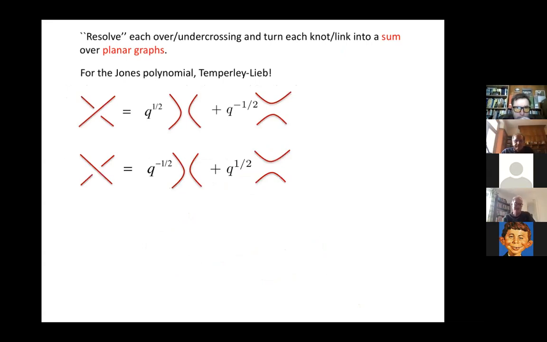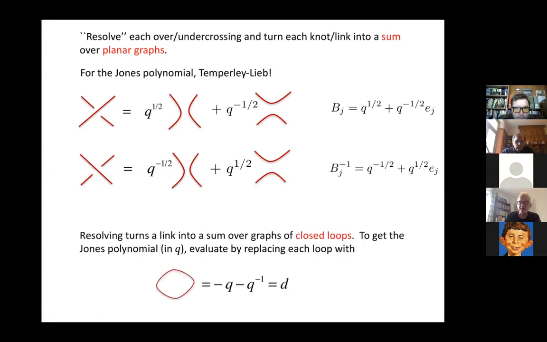I'm assuming that pretty much everyone here understands how to do this. What you do is just like I did with the loop model. I draw this other thing, which is an overcrossing, and then another thing, which is an undercrossing, and I resolve it in the same way, and I fix V and H to be this number Q, or the square root of Q. If you like it algebraically, that's saying what the braid generator is.